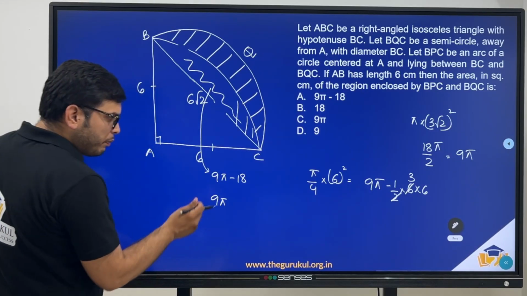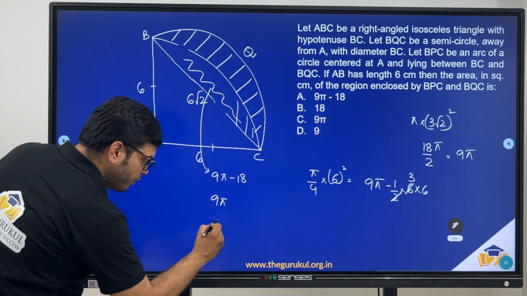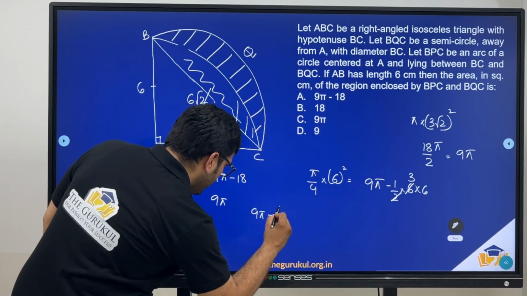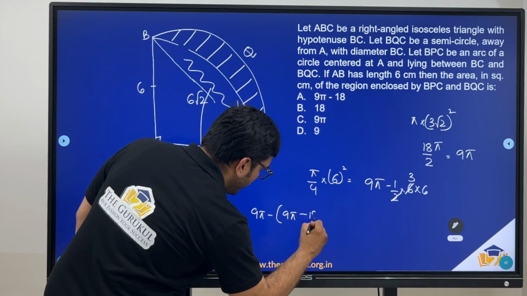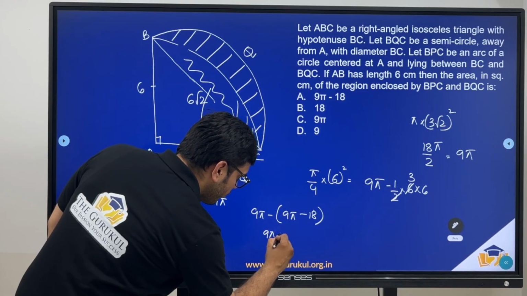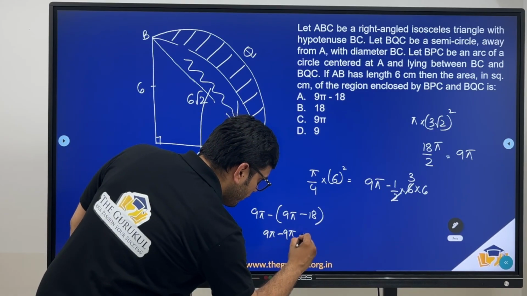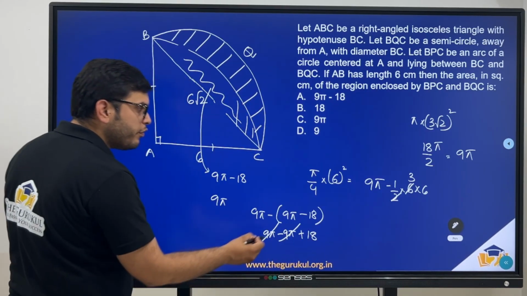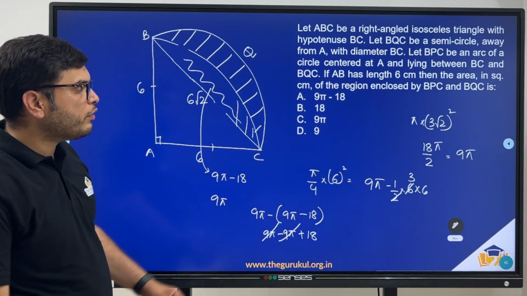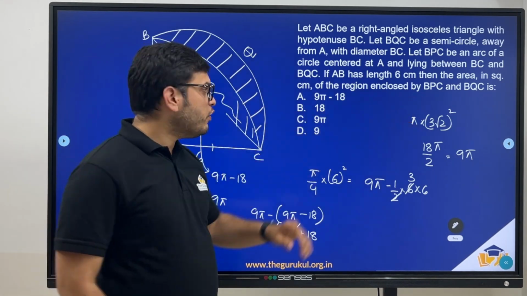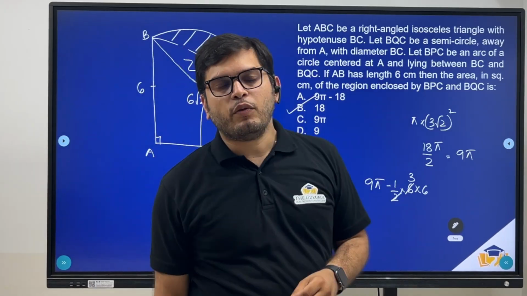So we have to subtract this part from the area of the semicircle. So 9 pi minus, 9 pi minus 18. So 9 pi minus 9 pi plus 18. Now these two will get cancelled and the area of the region enclosed between BPC and BQC has to be 18 square units.